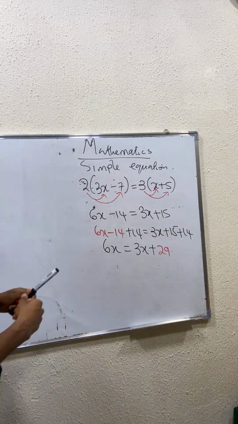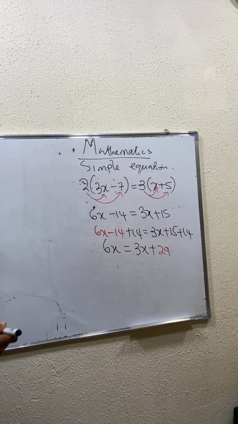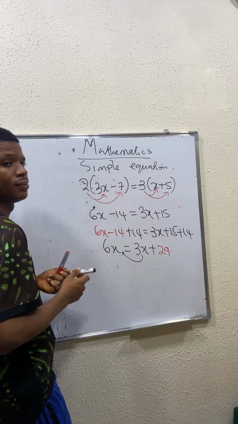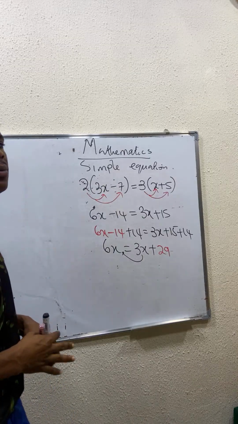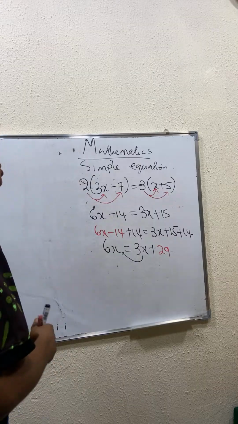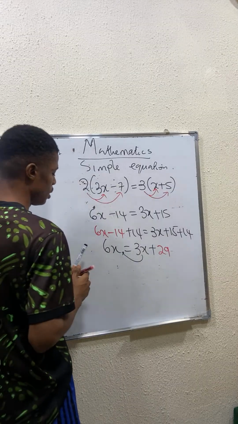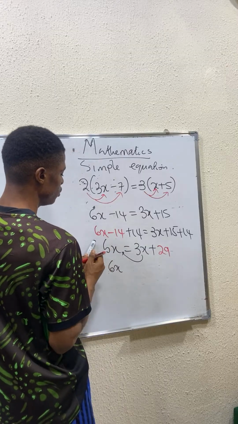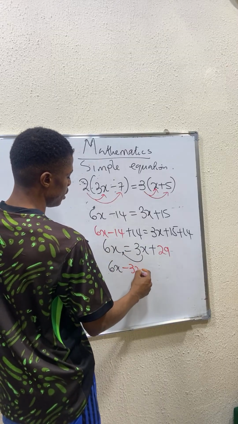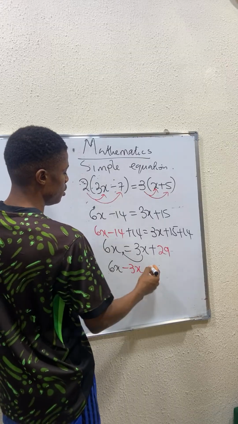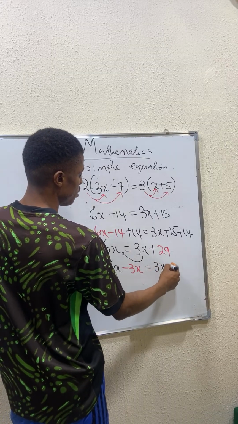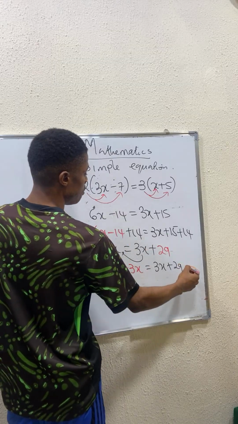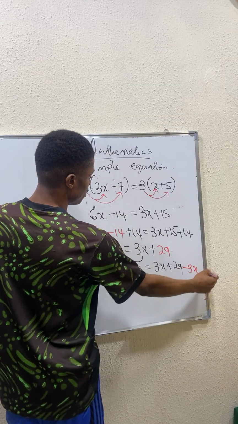The next thing we ought to do is to subtract 3x from both sides. So you have 6x minus 3x is equal to 3x plus 29 minus 3x.